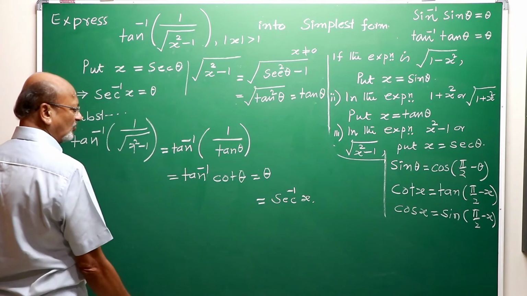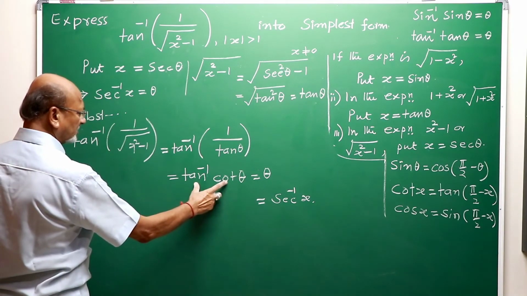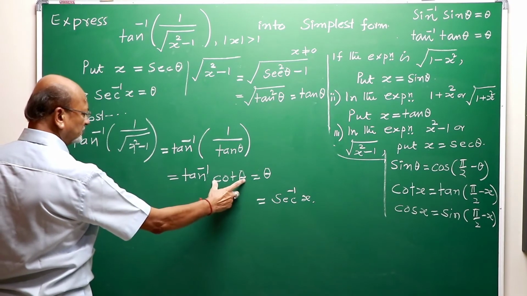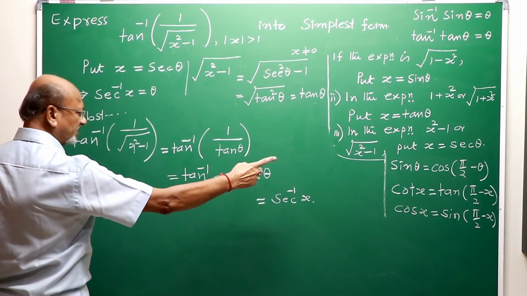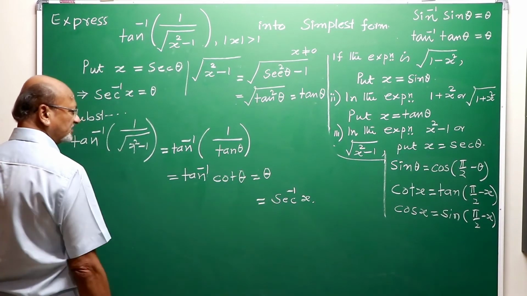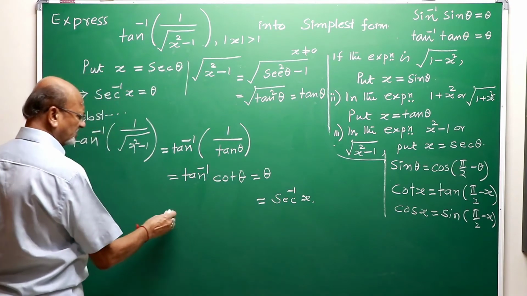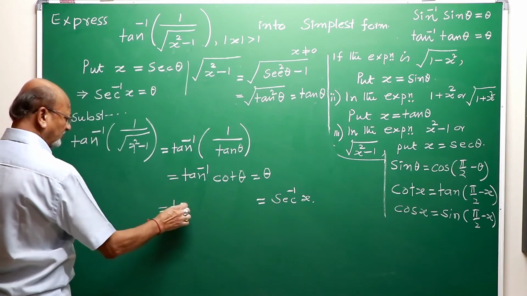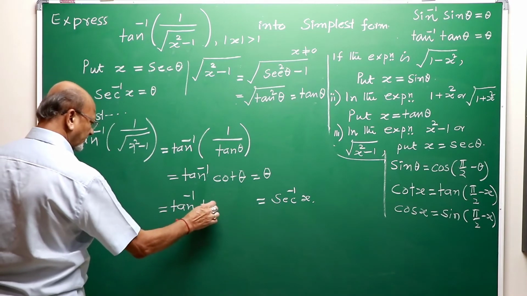Once again, both are different. You must change from cot to tan. Cot x can be written as tan of pi by 2 minus x. This I told you. Simply change it. We want to go from cot to tan, right?